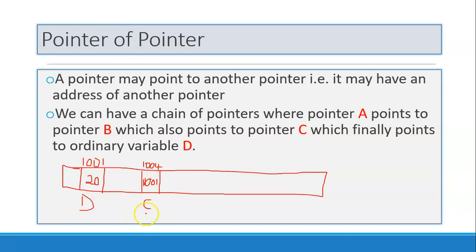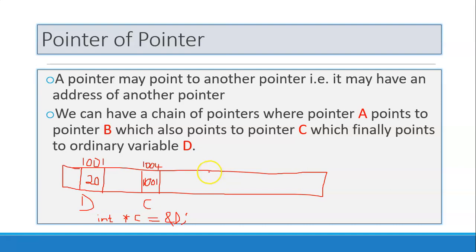For us to have this, we can write int *c, and this c is holding the address of d. So what we have here is what we have depicted above: the address of d stored in c. The c is a pointer.